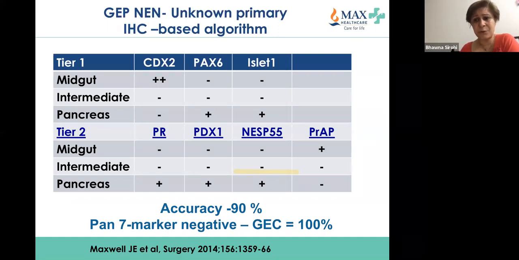And we know that it's better to plan elective surgery than emergency surgery. So this paper was very good in trying to find out the primary with these simple immunohistochemistry markers with CDX2, PAX6, islet-1 as tier 1, and then you go on to the tier 2 markers, and there was 90% accuracy in finding the primary in pancreas and midgut.